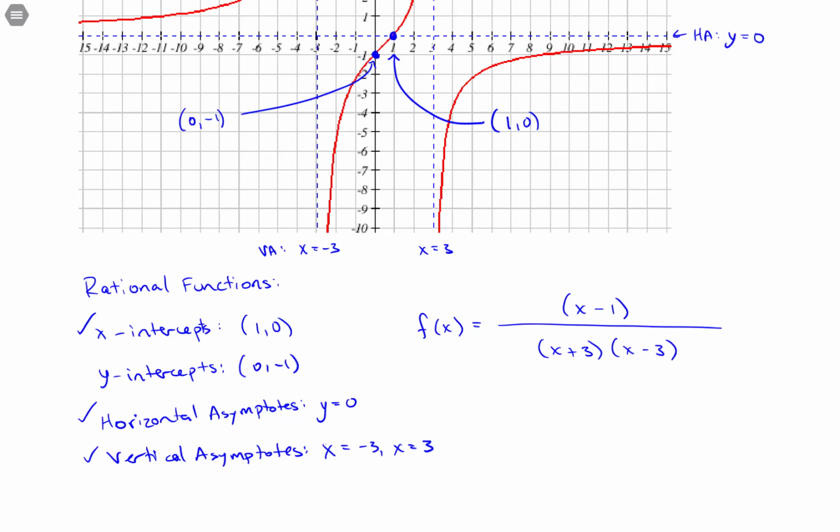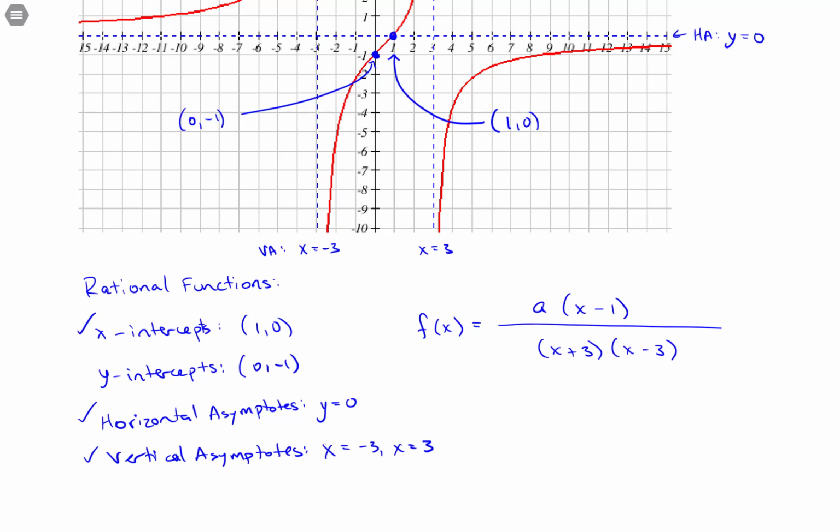Now it just comes down to the y-intercept. So I need a y-intercept at (0, -1). So in order to make that happen, there's generally going to be some sort of constant multiplier outside of my function here. And I just need to take the knowledge of the location of this y-intercept and solve for that, and that's going to place it where it needs to go.